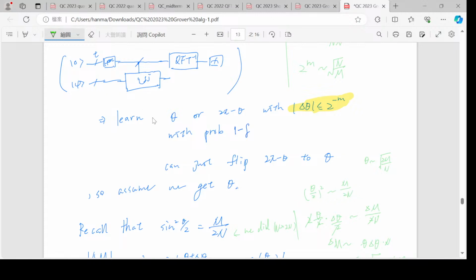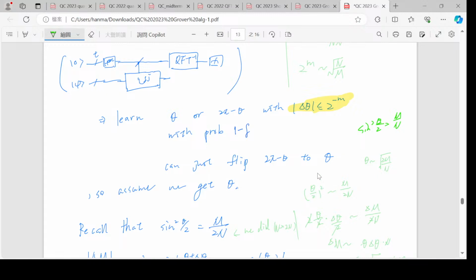Let's do a rough estimation. Sine squared of theta over 2 is equal to m over n. Now we start the approximation, and we assume theta is small. Then sine of theta over 2 is about theta over 2.